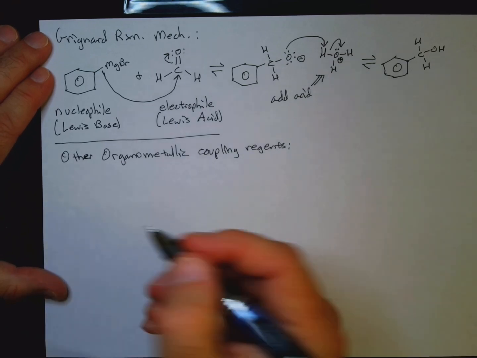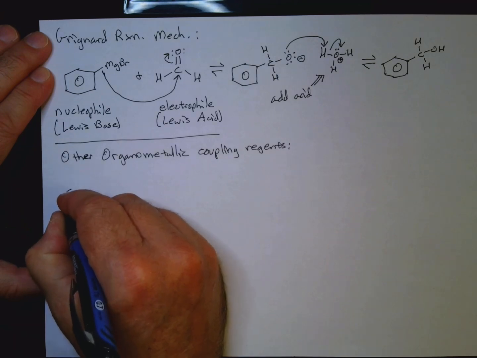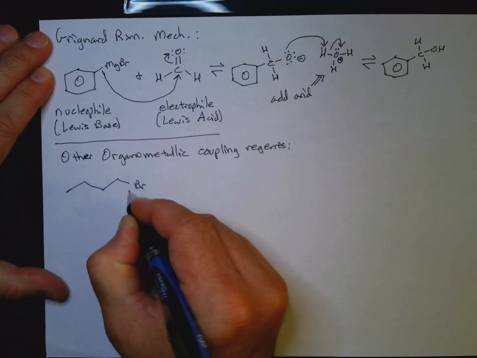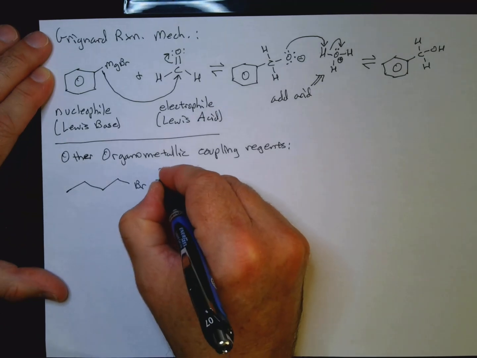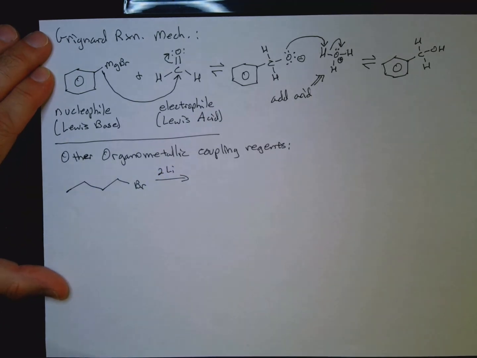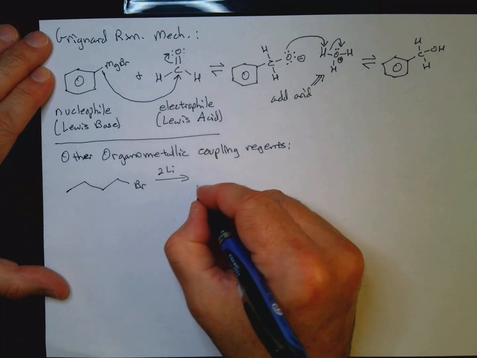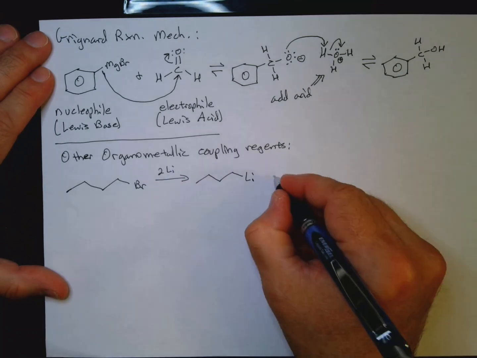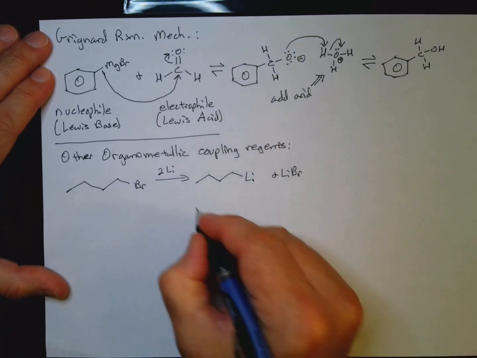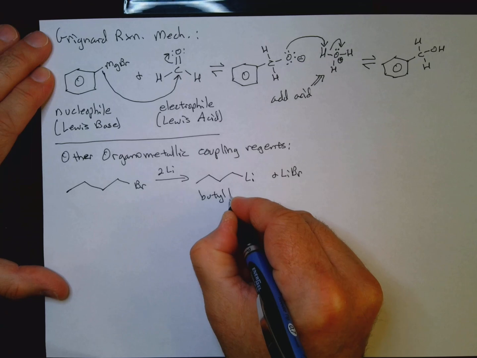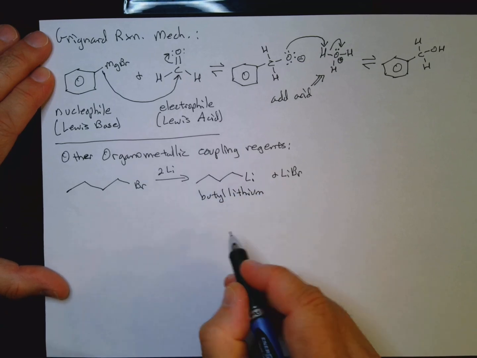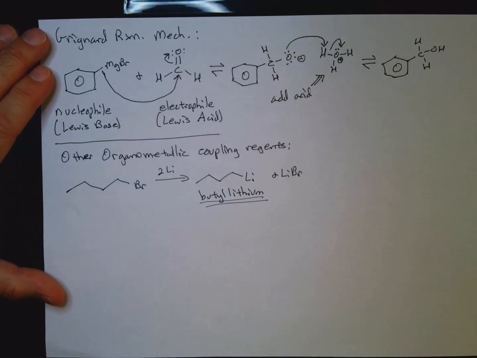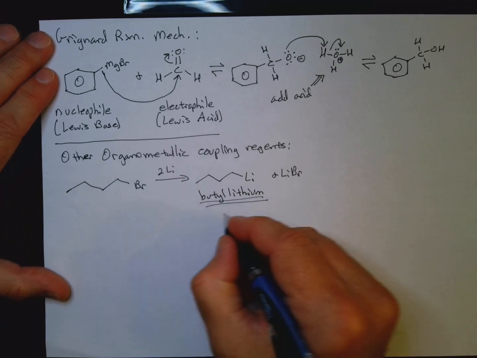So say we reacted our 1-bromobutane with lithium here, we'll end up with butyl lithium plus LiBr. And butyl lithium is then both a good base and a good nucleophile.